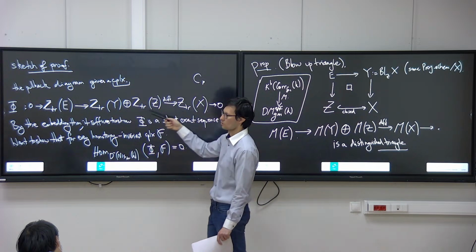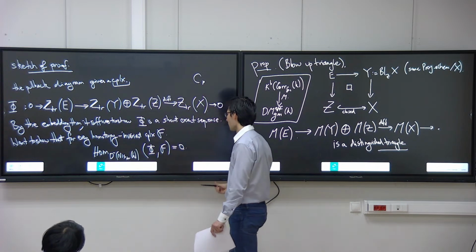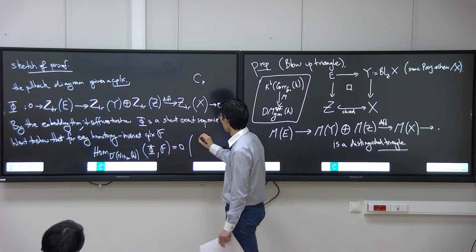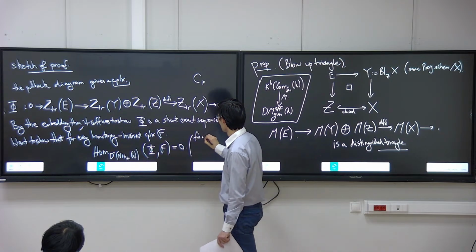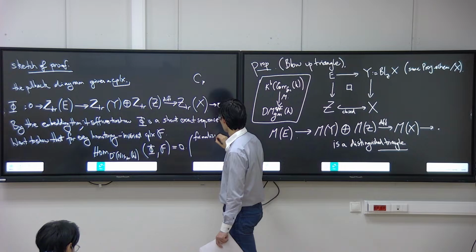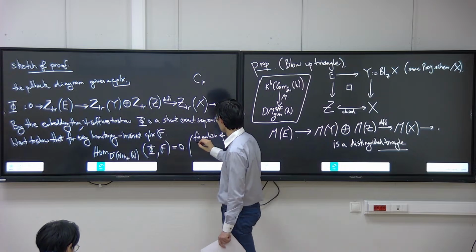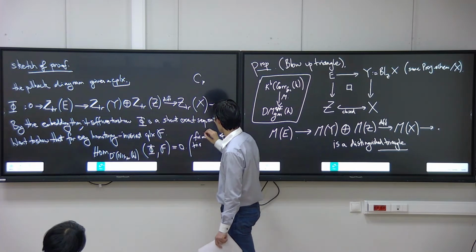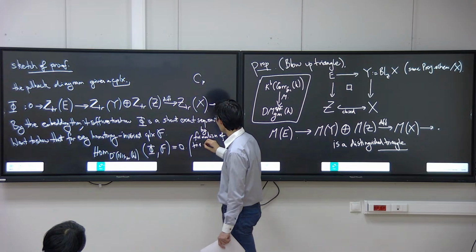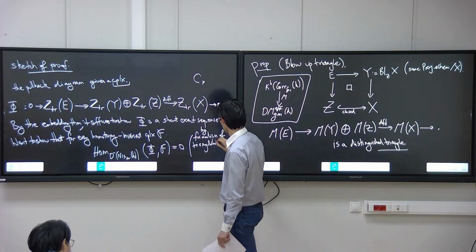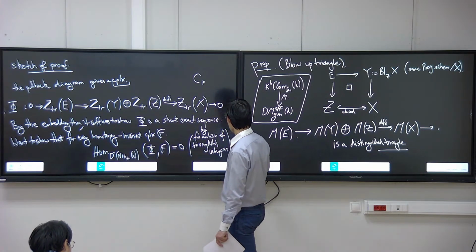And this means that this is a short exact sequence. So I don't know, let's say just formalism of triangulated categories. Okay.